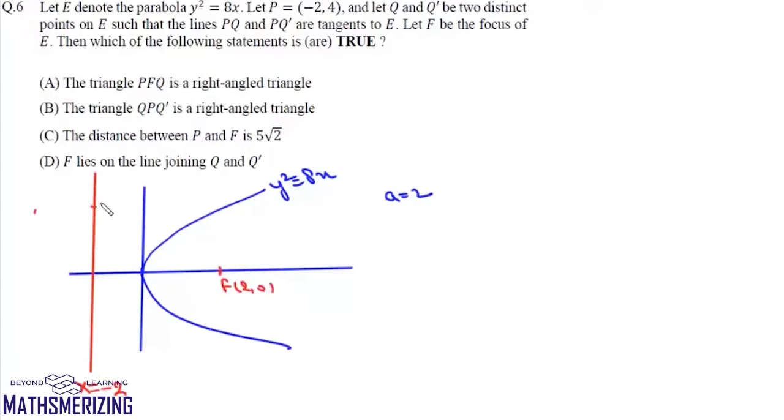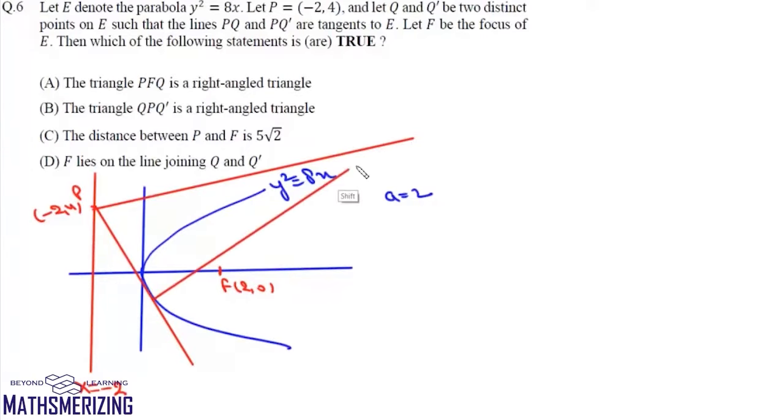Now we have a point on this directrix, which is (minus 2, 4), and it is this point P. From this P, we'll draw two tangents. Suppose the points of tangency are Q and Q dash. It is a simple property that from any point on the directrix, perpendicular tangents can be drawn to the parabola. So this triangle PQQ dash will be a right angle triangle. So this option B is correct.